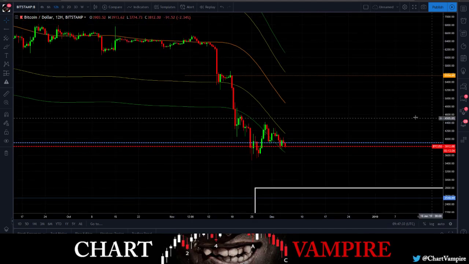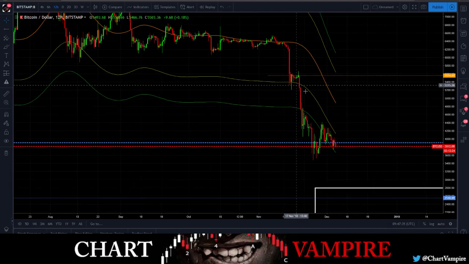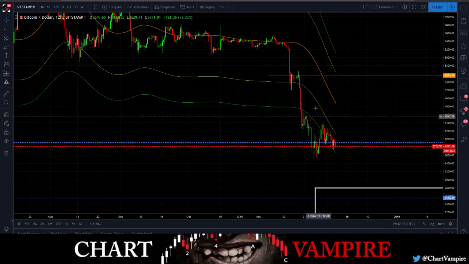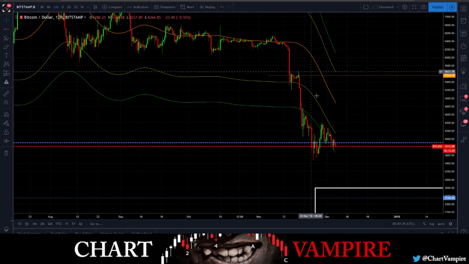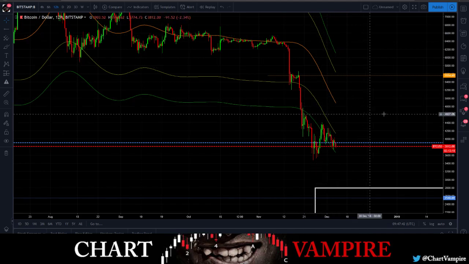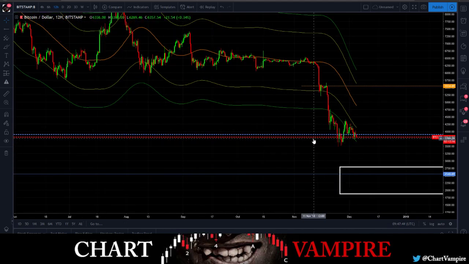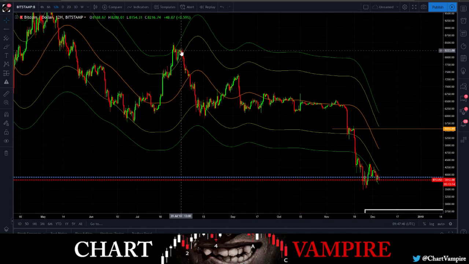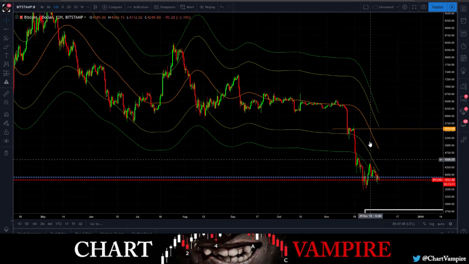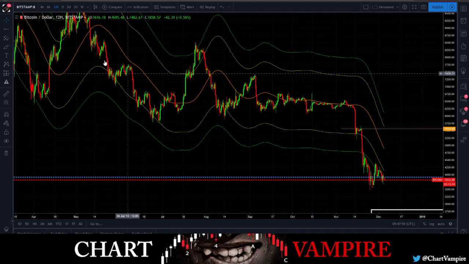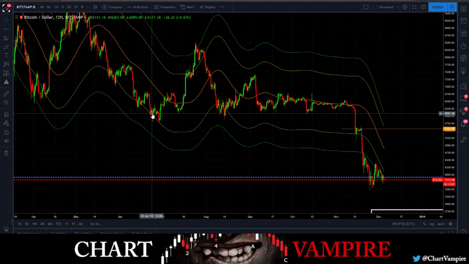Now you've got to be aware that when you're moving parabolically like this and the trend is in a harsh bearish environment or a harsh bullish environment, where you're actually getting a lot of downturn, it turns into a channel.